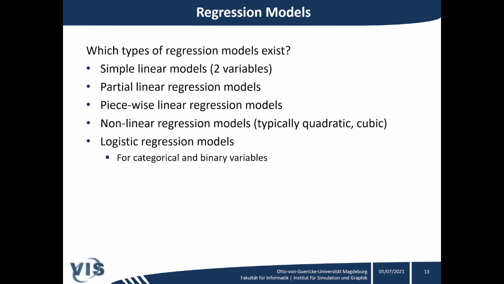After linear models, we will see nonlinear regression models, which are typically quadratic or cubic to model the more complex relations. Finally, I will introduce the logistic regression models, which is a statistical model that in its basic form uses a logistic function to model a binary dependent variable.